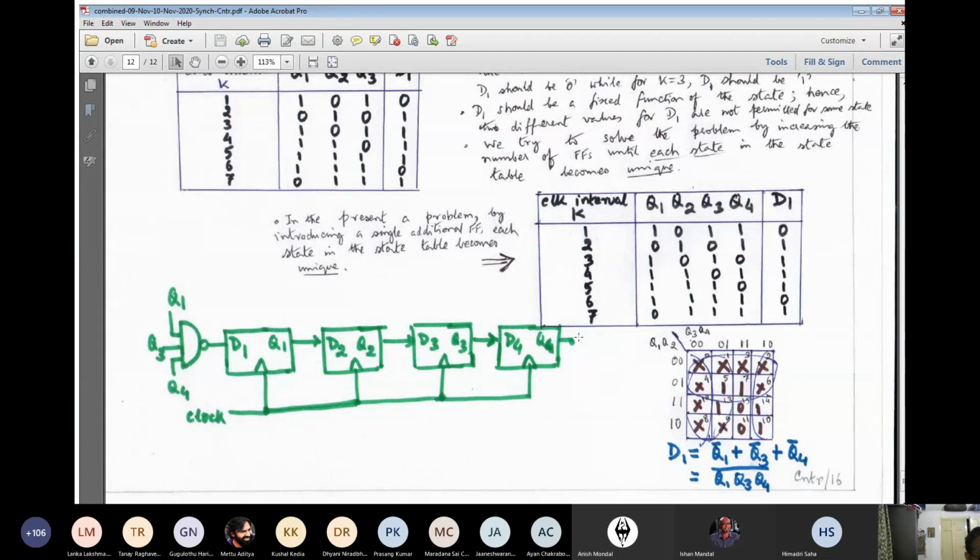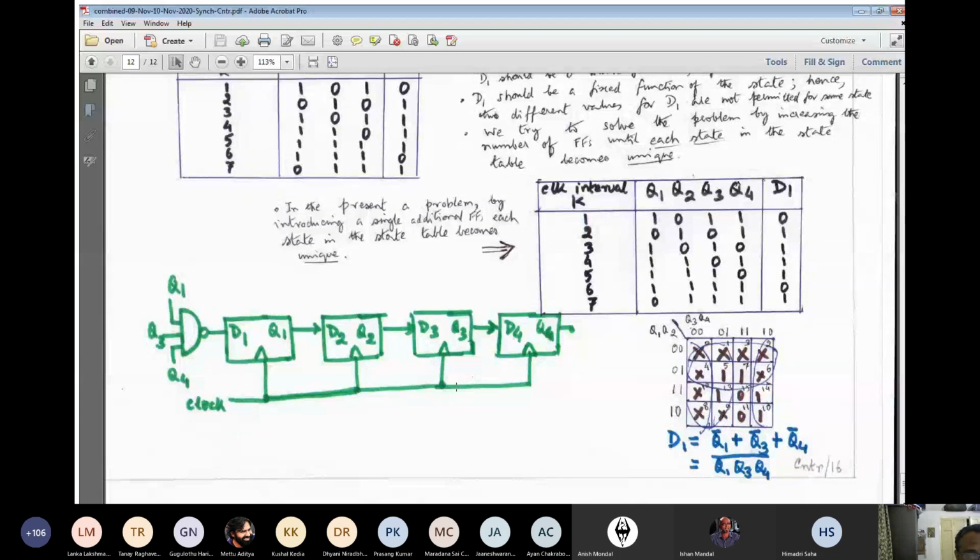In the present problem, by introducing a single additional flip-flop, each state in the state sequence becomes unique, and you can design the circuit. You can also verify the operation of the circuit. If 1011 is the initial state, what will be the next state? You can easily verify. That concludes the discussion on the topic of counters and sequence generators.